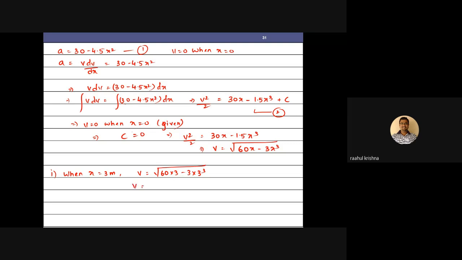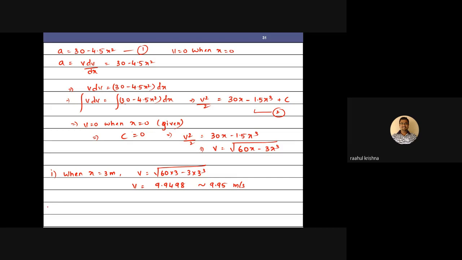Now tell me the velocity. 9.9498, which is equivalent to 9.95 meters per second.